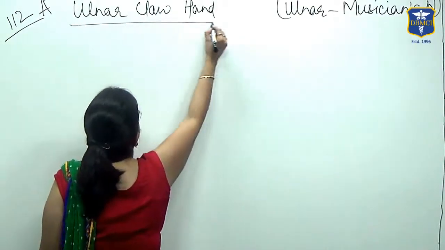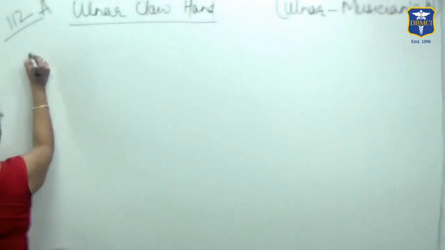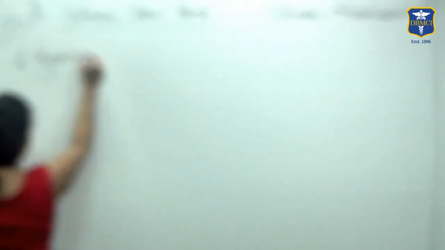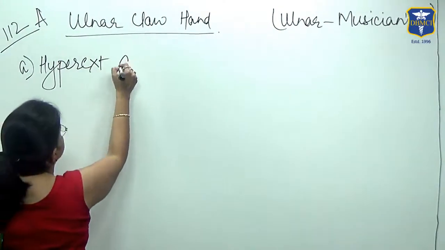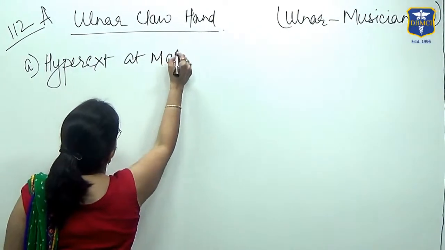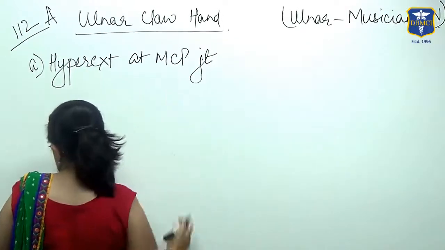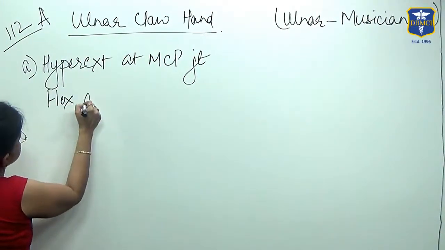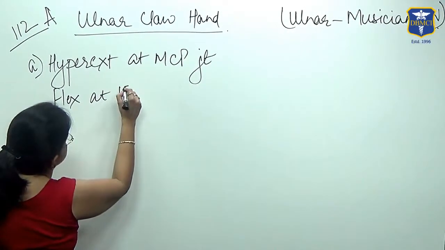In ulnar claw hand, we observe that there is hyperextension at the metacarpophalangeal joints, and there is flexion at the interphalangeal joints.